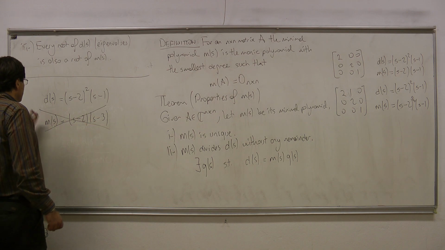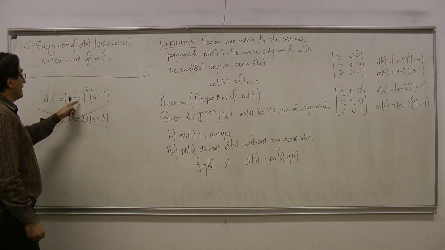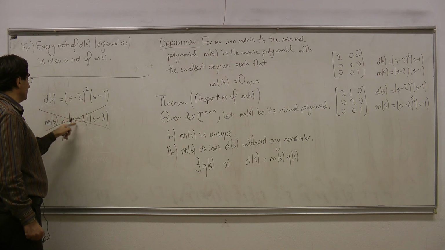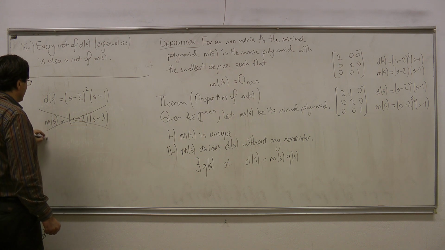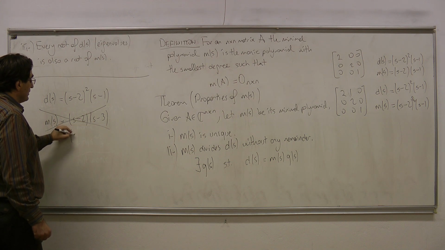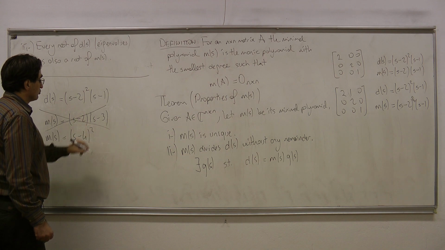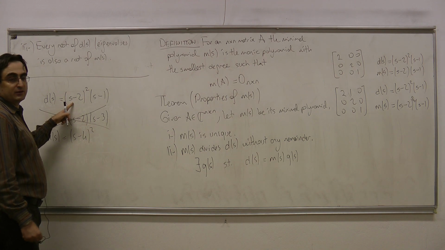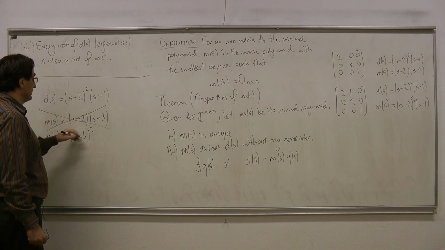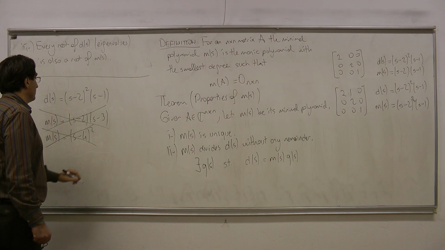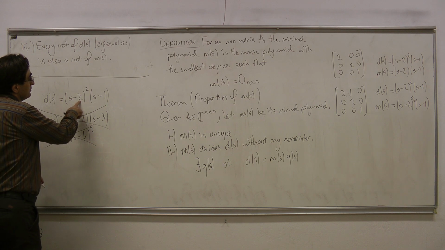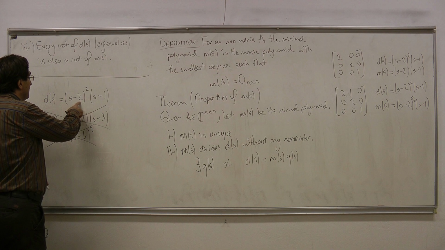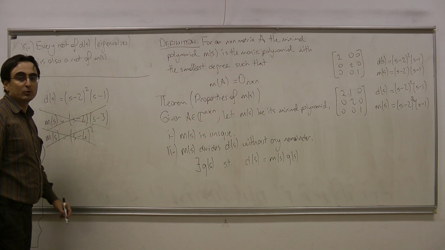Alright? So here I really cannot have any other root than the roots of d of s in the minimal polynomial. So for example, m of s cannot be s minus 4 squared either, because s minus 4 squared cannot divide d of s without any remainder. So the roots of the minimal polynomial can be only the roots of the characteristic polynomial.